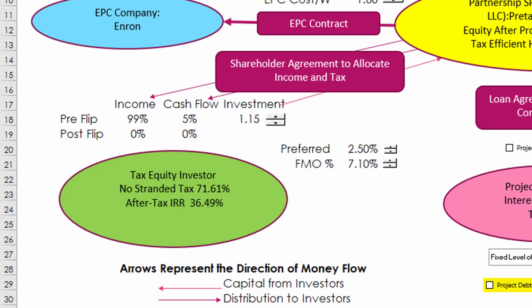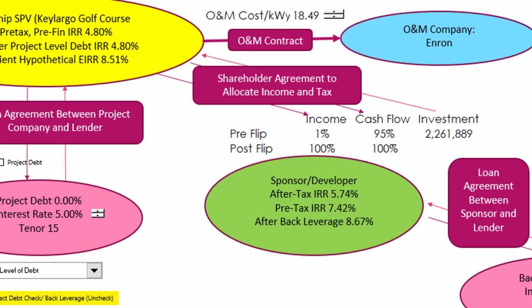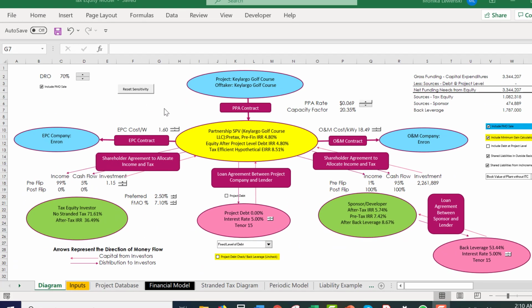This investment tax credit is 30%, at least in 2019, of the cost of the project, meaning that that's an enormous kind of financing. It really has a significant impact on the returns.